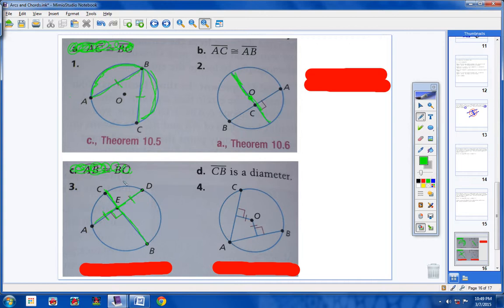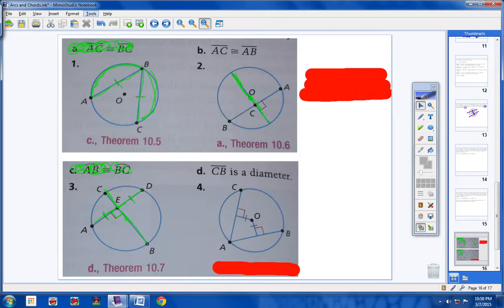So because this chord here is perpendicular to AD and it's bisecting AD, then we know for sure that CB is a diameter. So CB is a diameter, and that's going to be letter D as in dog, alright? Letter D. And it is theorem 10.7 that says if a chord is perpendicular to another chord and it bisects it, then that chord is the diameter.